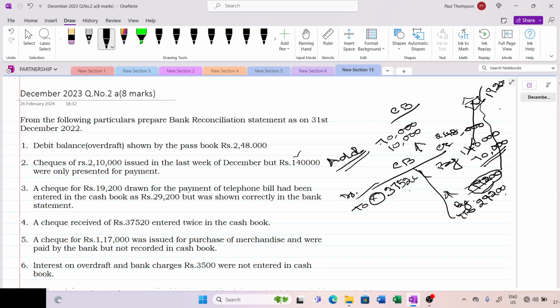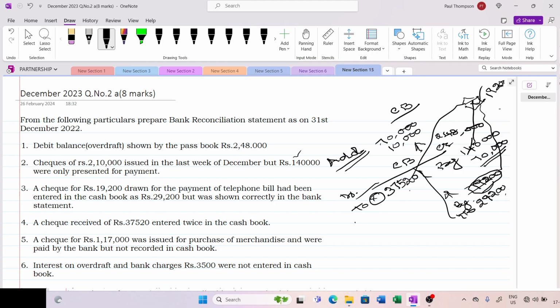Whenever I write anything on the debit side, automatically my overdraft will come down because I am depositing some amount. Overdraft is like a loan. That loan will get reduced if I deposit any amount. So I have deposited 37,520 and the bank has also reduced my loan to the extent of 37,520.